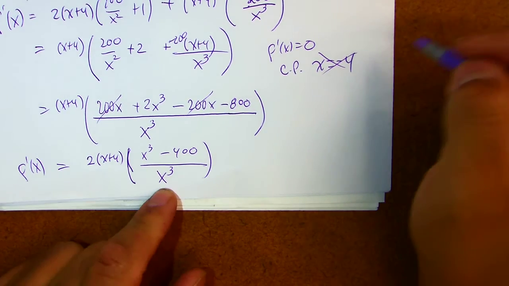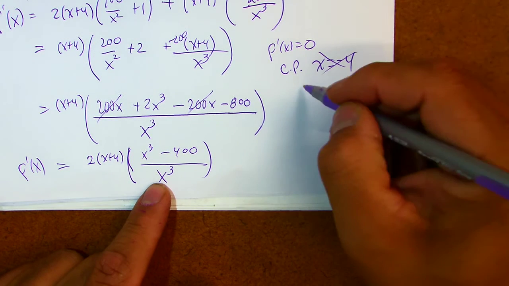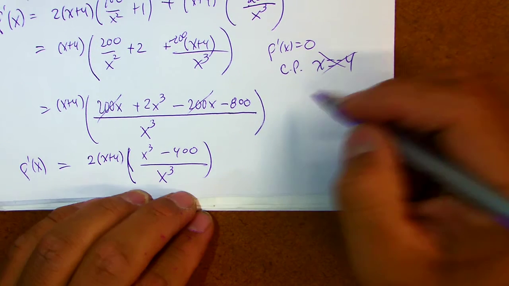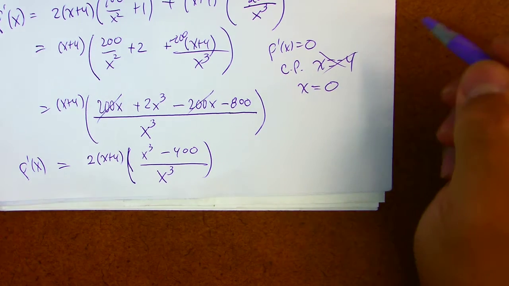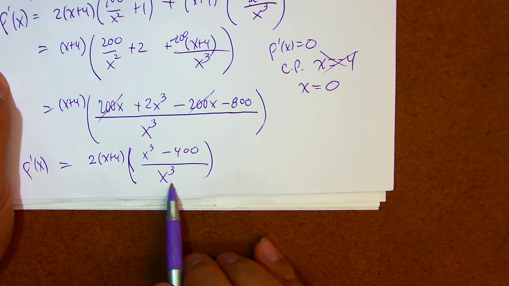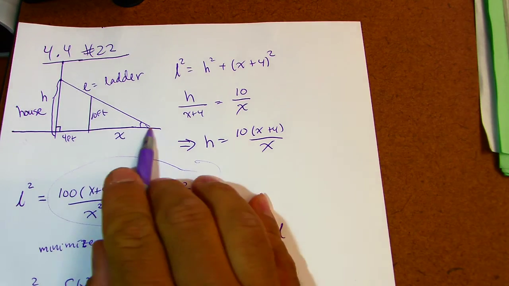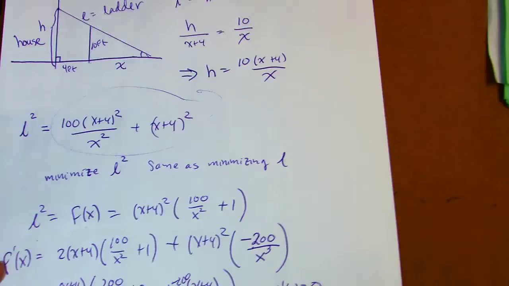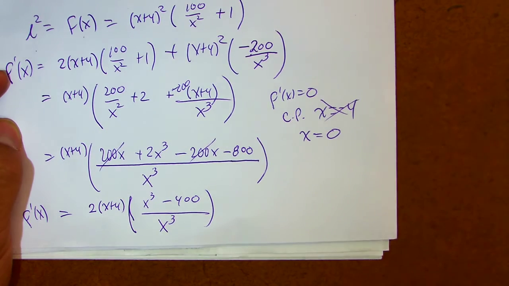The only other possibility, or actually another possible critical point would be when x is equal to 0, right, when it's undefined. But again, that also doesn't make sense in terms of having our ladder be completely vertical. So that one doesn't make sense either.